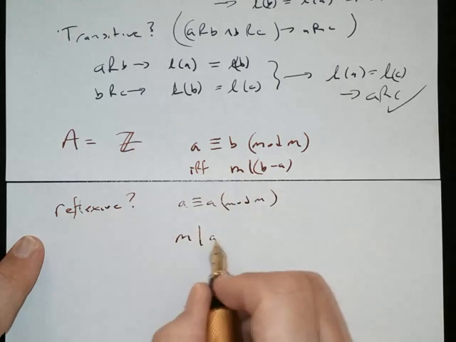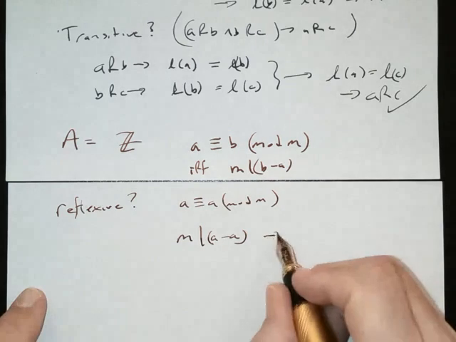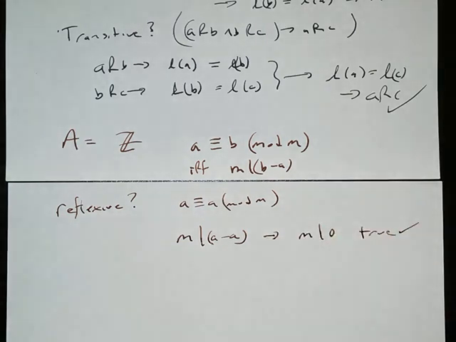So I want to know if m divides a minus a. But what's a minus a? And 0 can be divided by any number. The quotient is 0 and the remainder is 0. It worked.